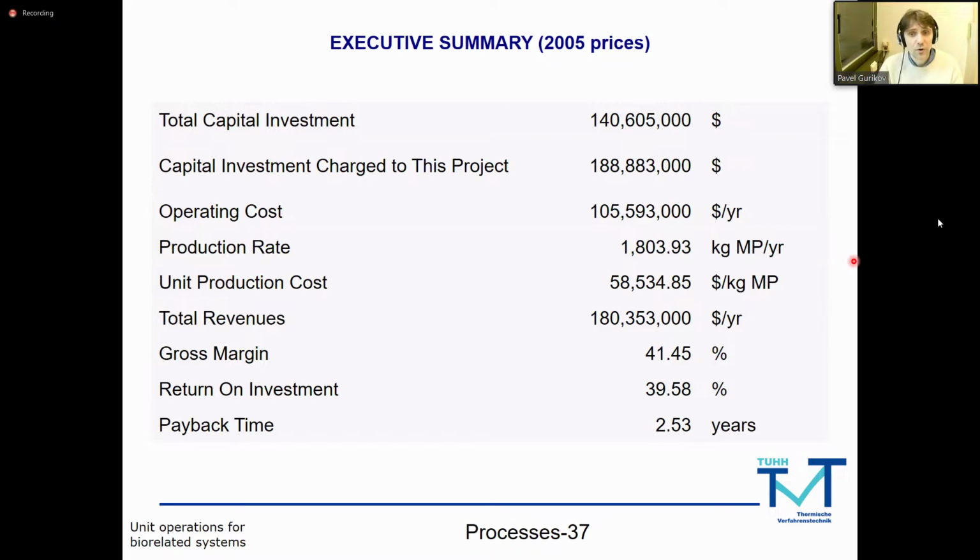What then is the gross margin, often displayed in percent? What can this number tell us?